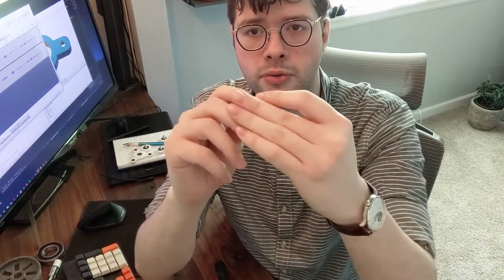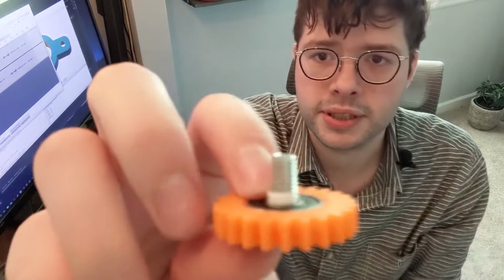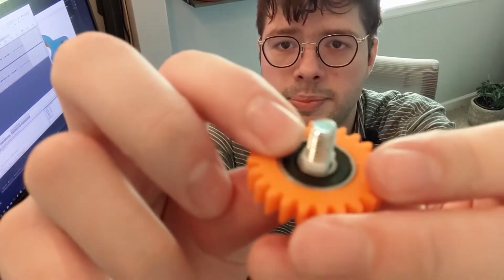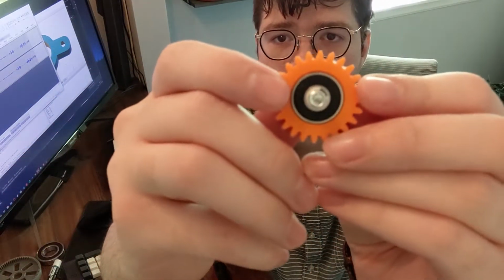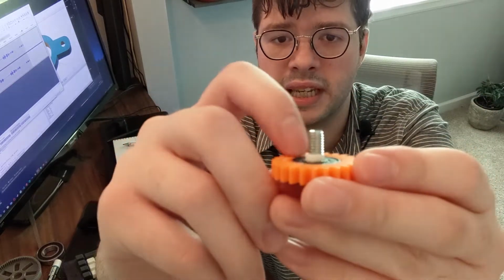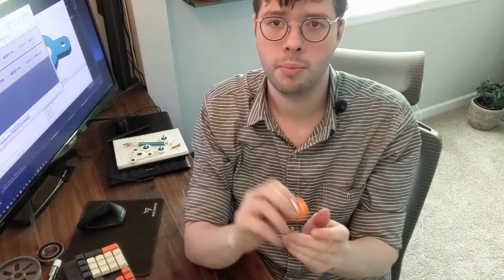And I created these. They take about 2 minutes, I think, to print. They're very fast. All they are is a spacer. So if you were to take this spacer and put it over the bolt, I'll push this close so you can see. The spacer, it's kind of hard to tell, but the spacer is only touching the innermost concentric part of the bearing.